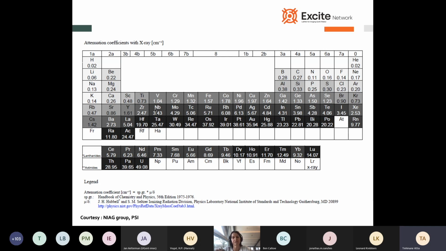This is also the reason why, for instance, lead is used to shield your scanners or protect yourself when working with X-rays if needed. But also the distance or the thickness of your lead will have an impact on if X-rays will penetrate or not, because it's the combination.